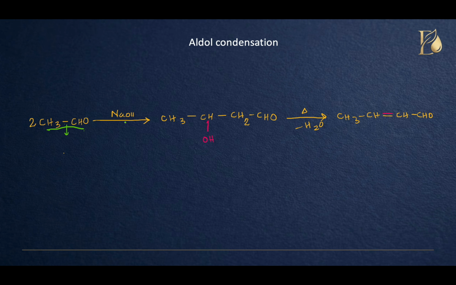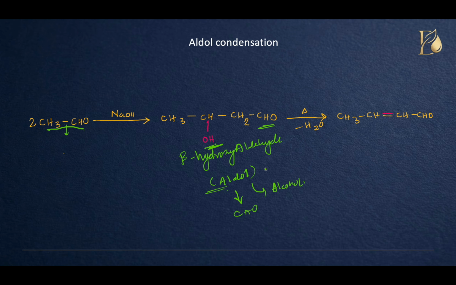In presence of base sodium hydroxide, it will undergo aldol condensation and produce beta hydroxyaldehyde. This beta hydroxyaldehyde is known as aldol. Why this name aldol? It is because 'ald' represents the CHO aldehyde group and 'ol' represents the alcohol group. Because the aldehyde and alcohol groups are present in the same compound, this is known as aldol.